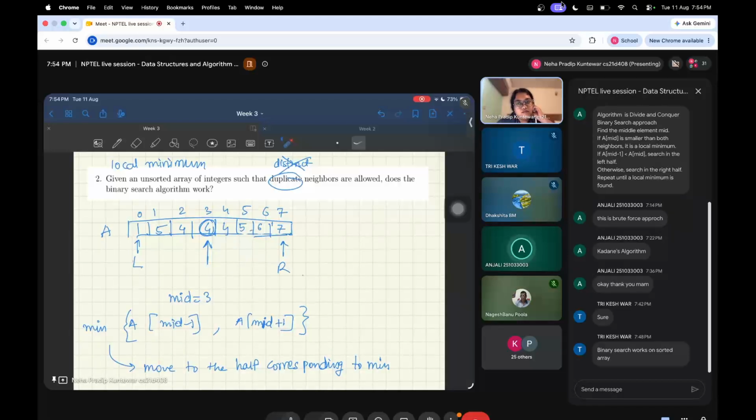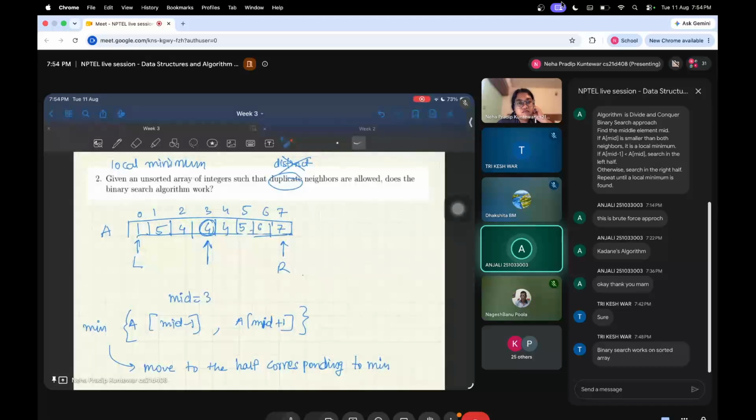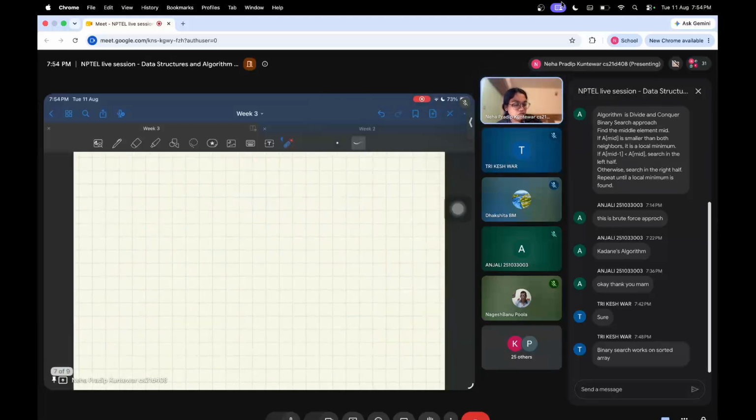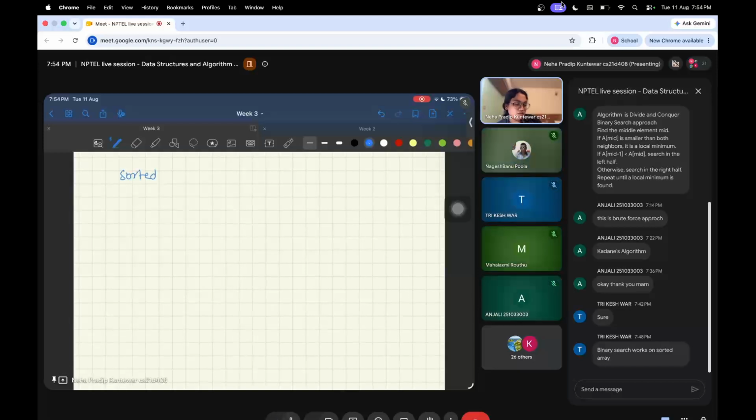Ma'am, if the array is sorted with indistinct elements, find an array element of A of i such that A of i is equal to i. Okay, so you have a sorted array A with duplicates, right?